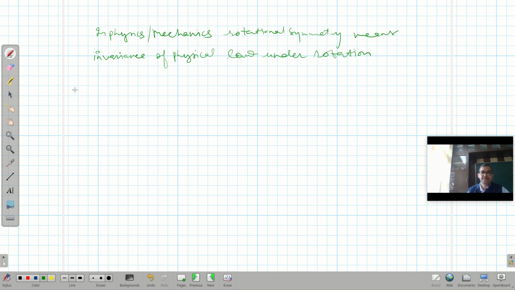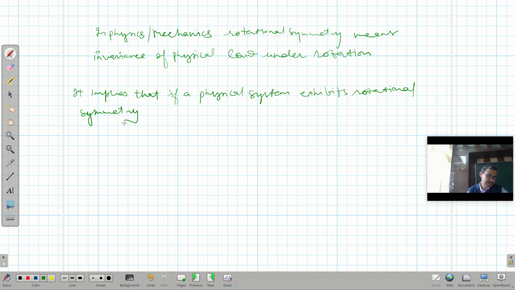It implies that if a physical system exhibits rotational symmetry, its behavior will be the same no matter how it is rotated.